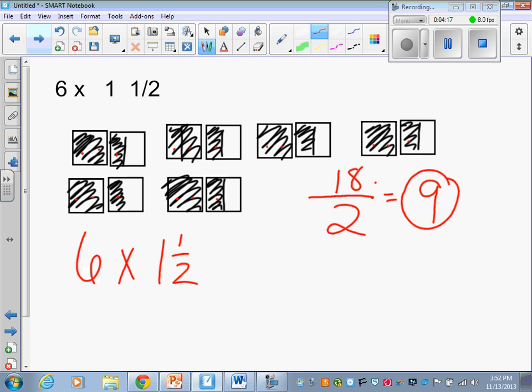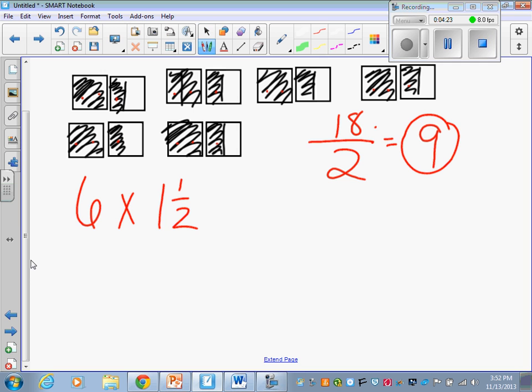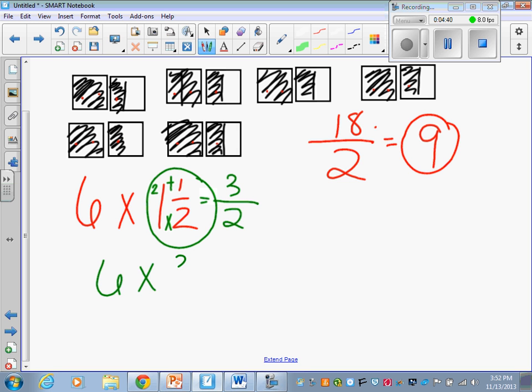Now let's show you the same problem, but using the trick that we did earlier, when we converted our mixed number into an improper fraction. So if you remember, we multiply, we get 2, we add on the numerator, that gives us 3 over 2. Now my new problem is 6 times 3 halves.